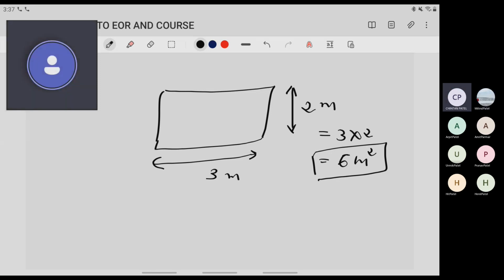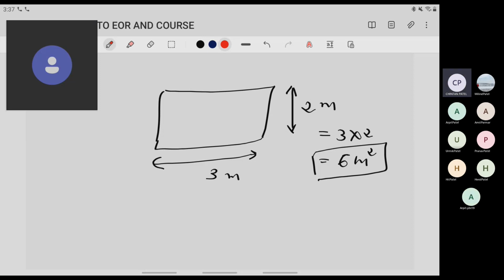Okay, now let's suppose I want to clean my room, and I want to check what is my efficiency. Let's suppose I want to calculate whether I have cleaned this surface effectively or not.